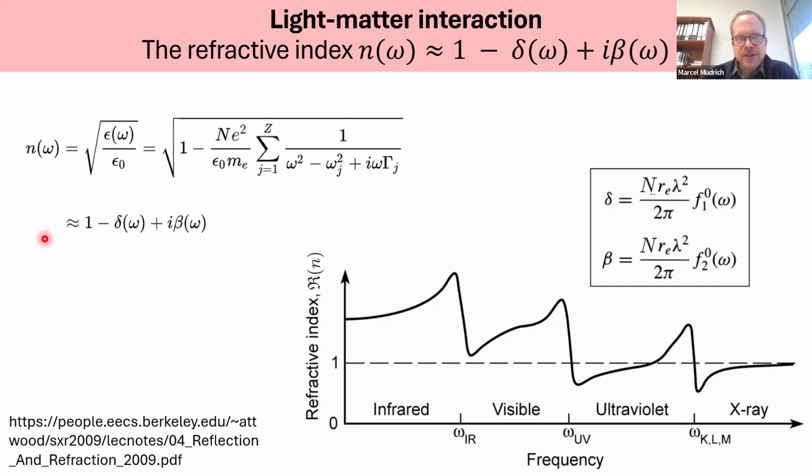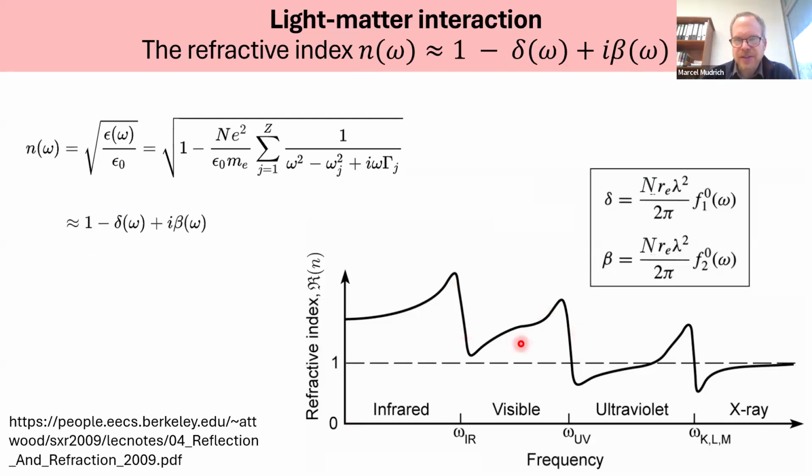But in the X-ray range, it turns out that the index of refraction has a quite different structure and different properties. The very generic trend of how the real part, the refractive part of the index of refraction, depends on the frequency, spanning the whole spectrum from long wavelength infrared to very short wavelength X-ray, is shown here.